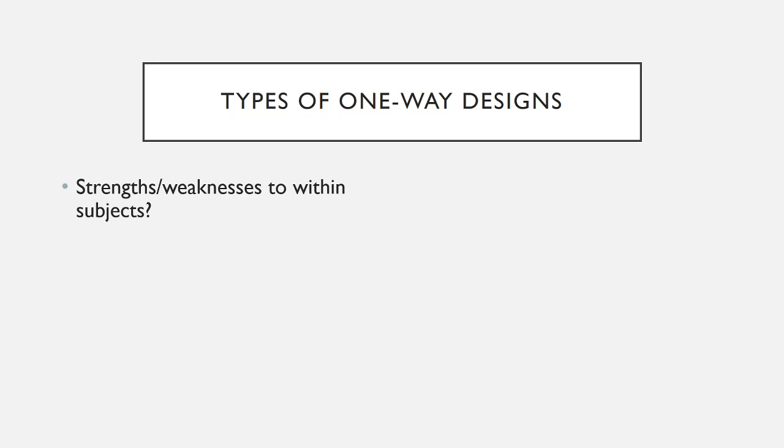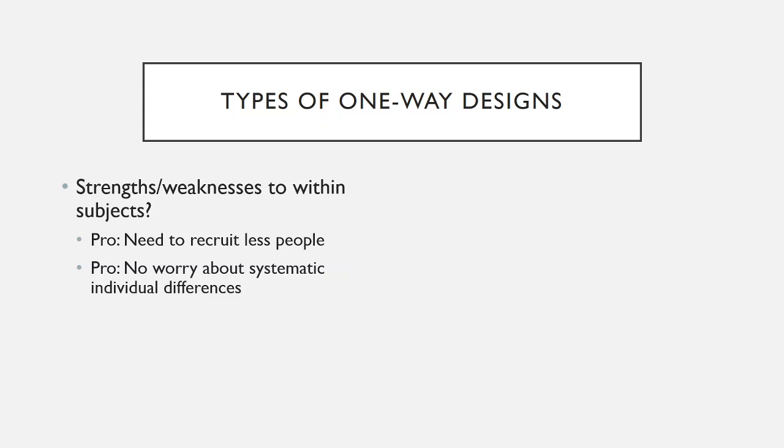So there are strengths and weaknesses to both within subjects and between subjects. With within subjects, you do have to recruit fewer people because you're going to have the same group of people in both of your conditions. Whereas in between subjects, you need to recruit a separate sample for your experimental and your control group. Additionally, there's no need to worry about random individual differences happening systematically, right?